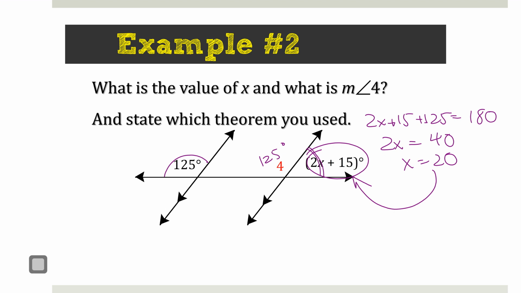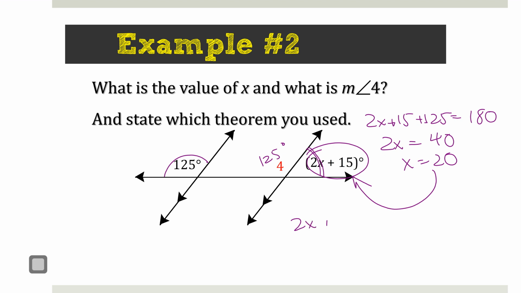We could just do 180 minus 125 and get the answer that way. To get to 55? Yeah. But we need to find the measure of x. So you're taking a different approach here. You're saying, if I'm hearing you correctly, that's 125, so that has to be 55.